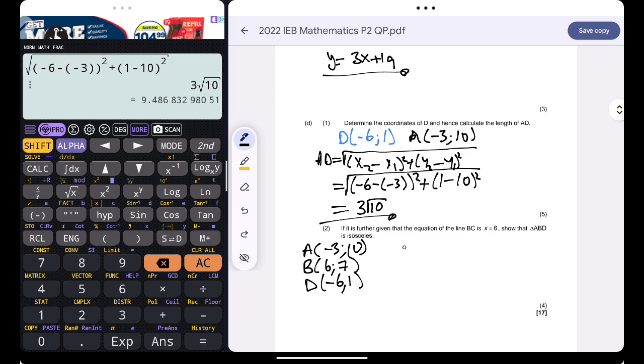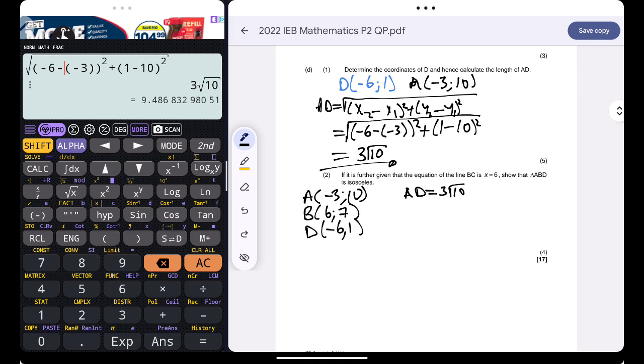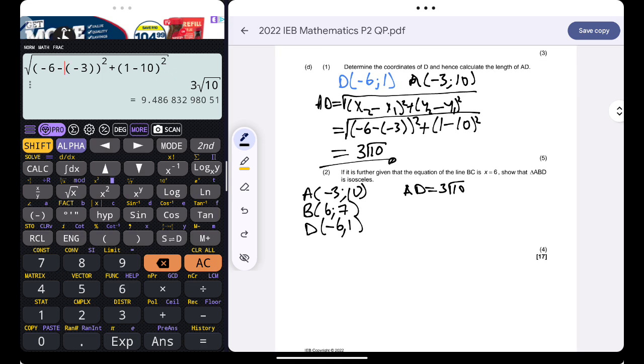I do have the length of AD, which is equal to 3√10. Okay, let me try to find the length of AB and check whether it will give me 3√10.